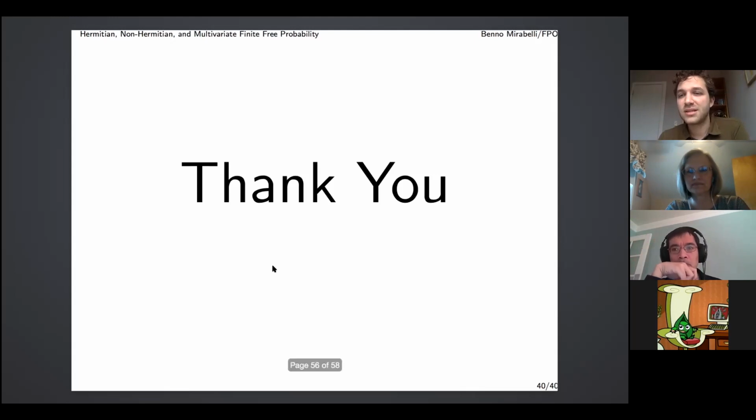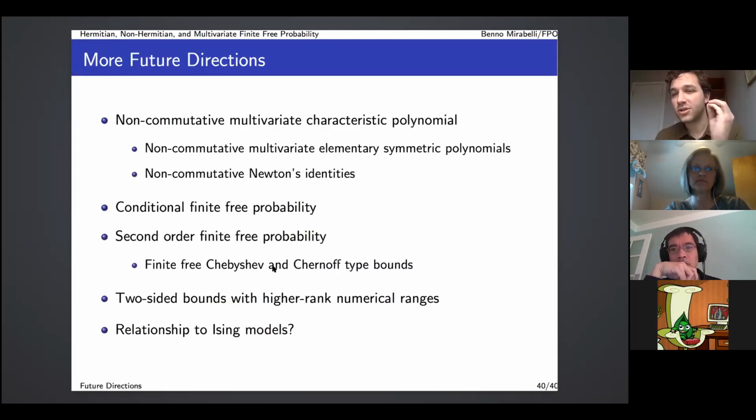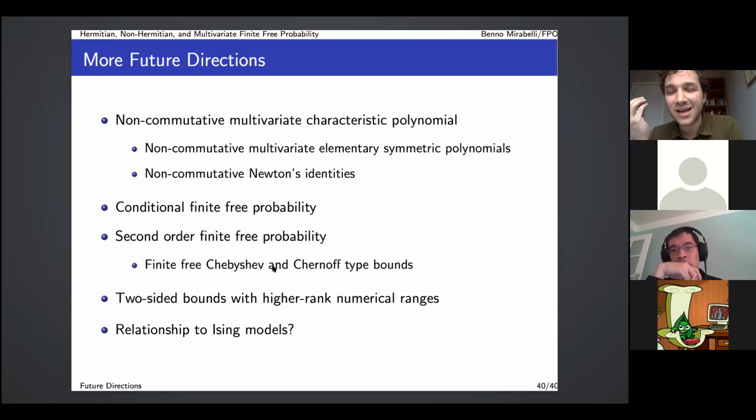So the zeros of the polynomials, they're multivariate polynomials. If you just care about the zeros, all I can interpret that as meaning is the eigenvalues, which is basically just reducing it to the classical characteristic polynomial.